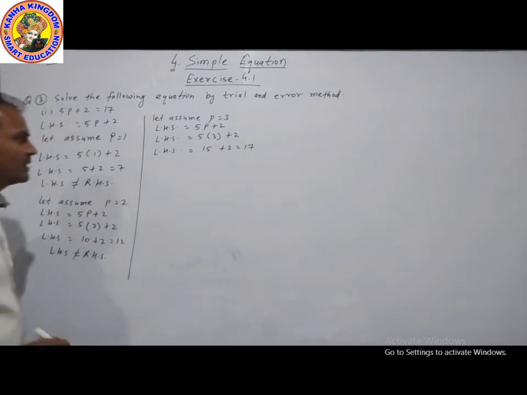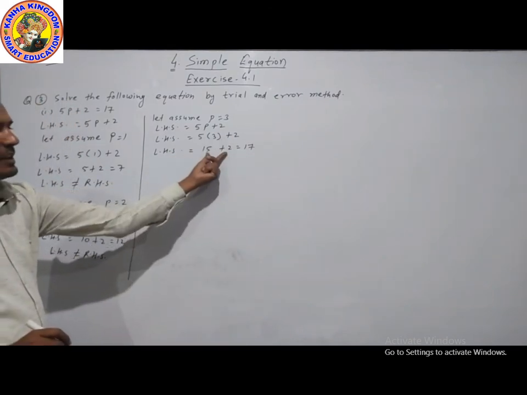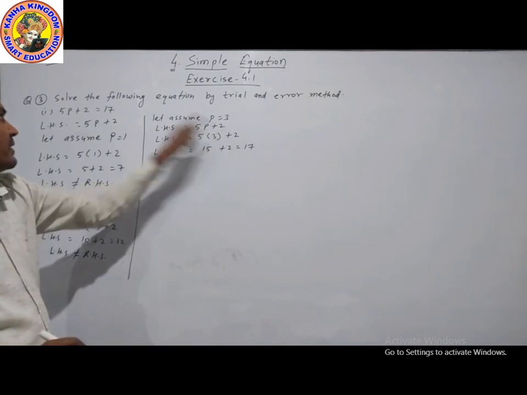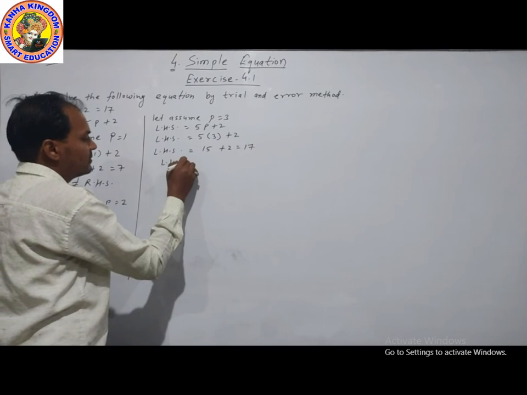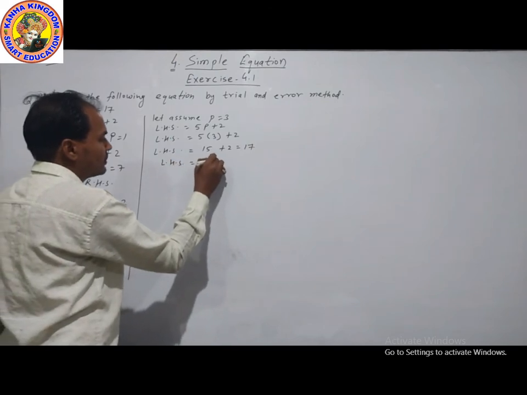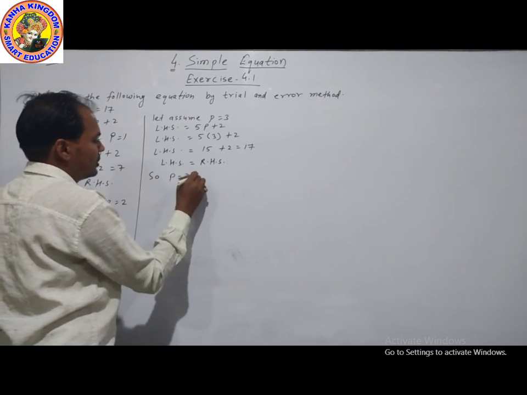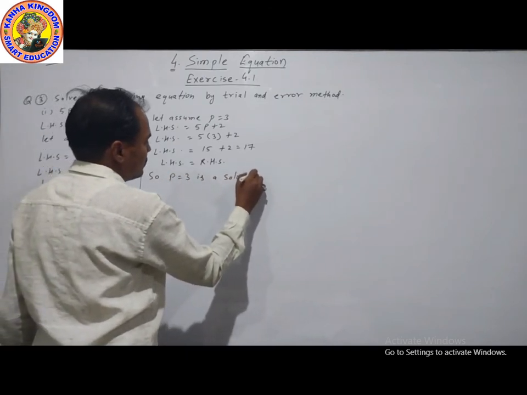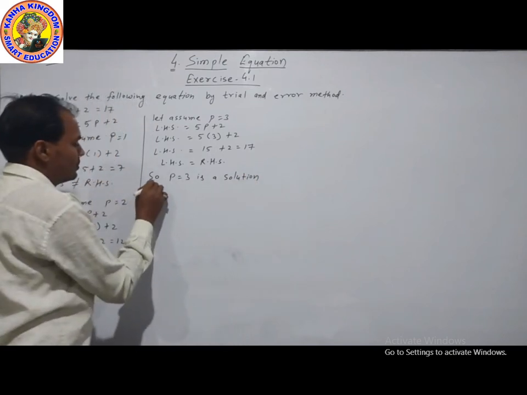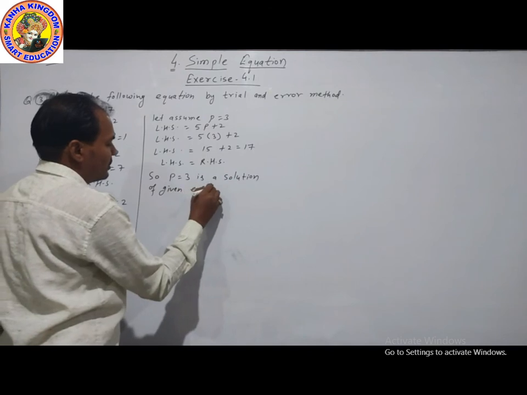Answer is 17. 17, 17. Yes, left hand side is equal to right hand side. So p is equal to 3 is a solution of given equation.